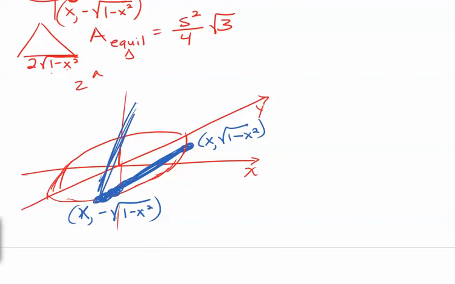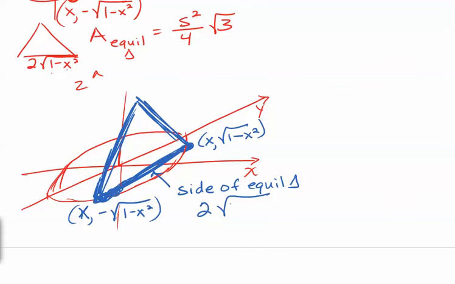So we're going to build an equilateral triangle, and we're going to build those all the way across. This is what we had determined, that the side of our equilateral triangle was twice the distance to one side, so we doubled the distance across.